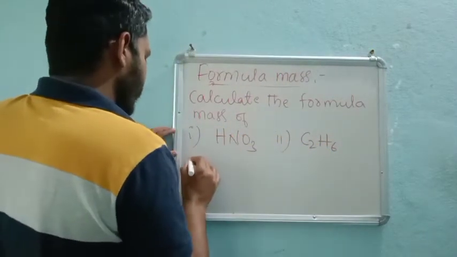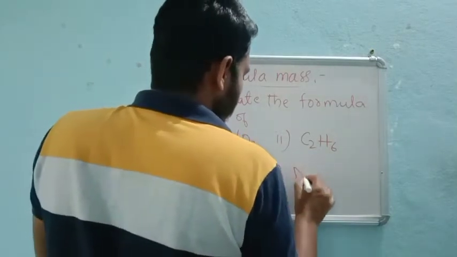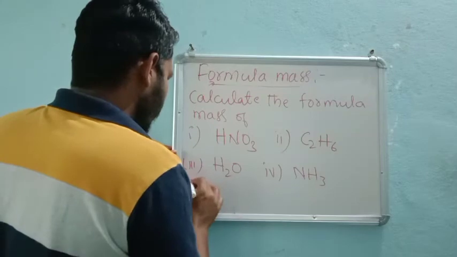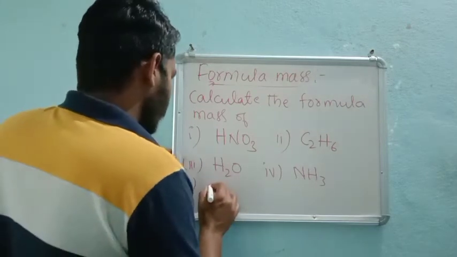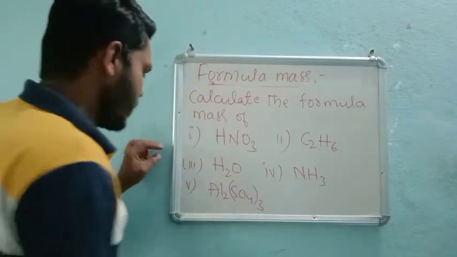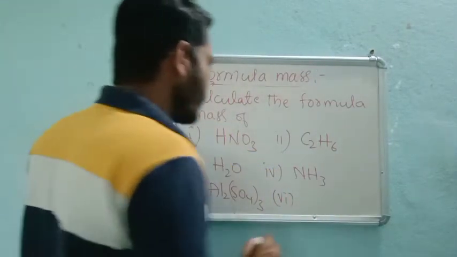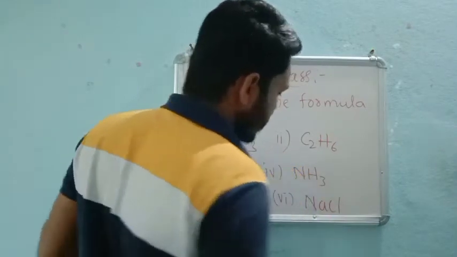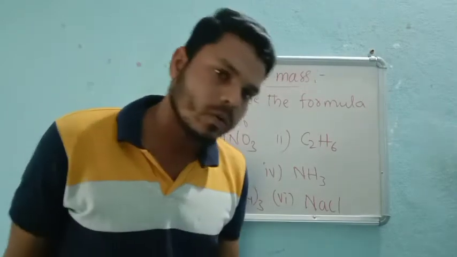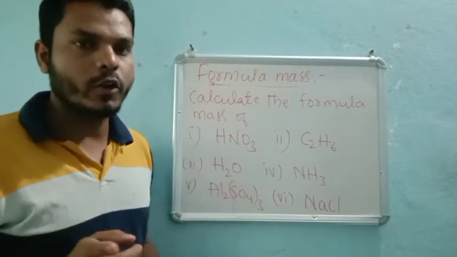Number three, water molecule, ammonia. Right, already I have given a hint about these two. So just go like that. And Al2(SO4)3, this is the task now. And the sixth one, last one, we can calculate for NaCl. This is very easy for you, right? Empirical formula as well as the molecular formula of these are the same. I will not calculate any of these examples. You note down these 6 examples, calculate them and send them to me, right?